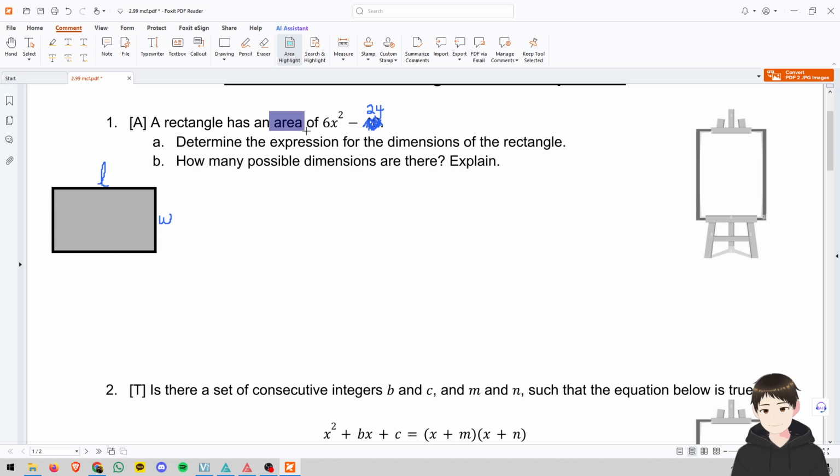How is that related to the question? Oh, the question has graciously given me an area. And you know what the area of a rectangle is. It is length times width. So literally, area is 6x squared minus 24, but it is also length times width. I hope you see where I'm going. This is a binomial.